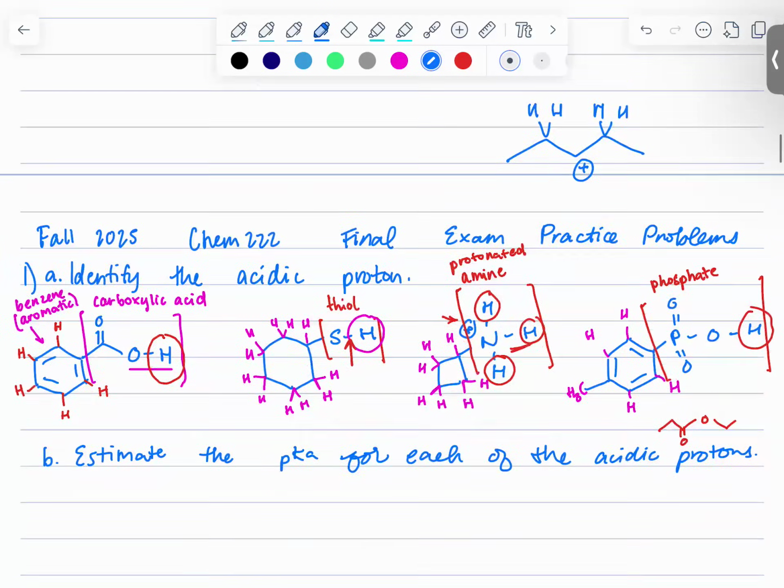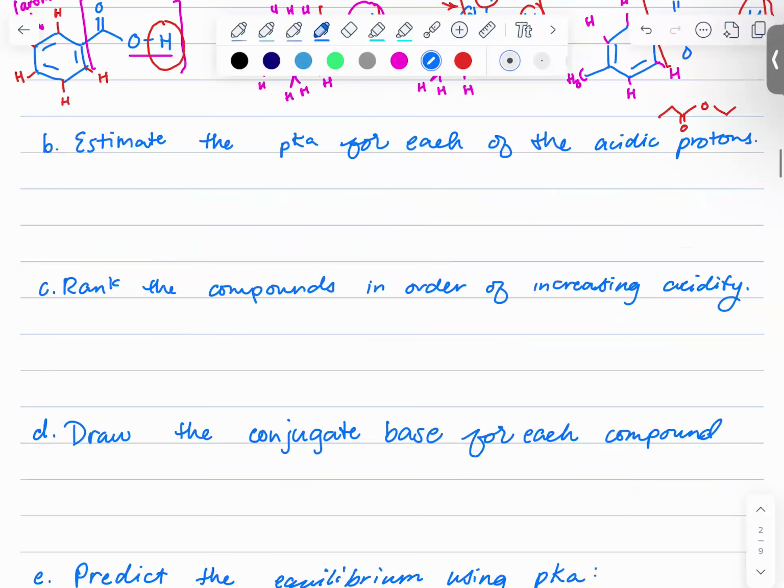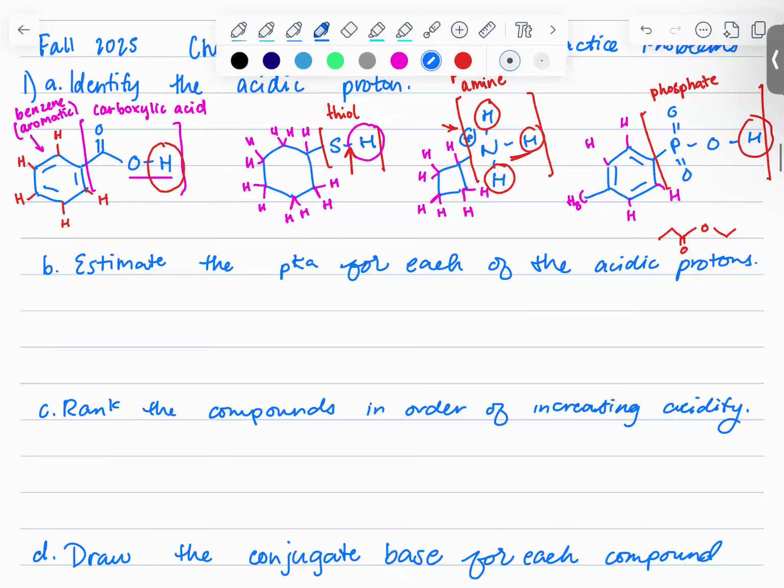Okay. Can you guys estimate pKa? What is the pKa of our carboxylic acid here? What about the pKa of a thiol?